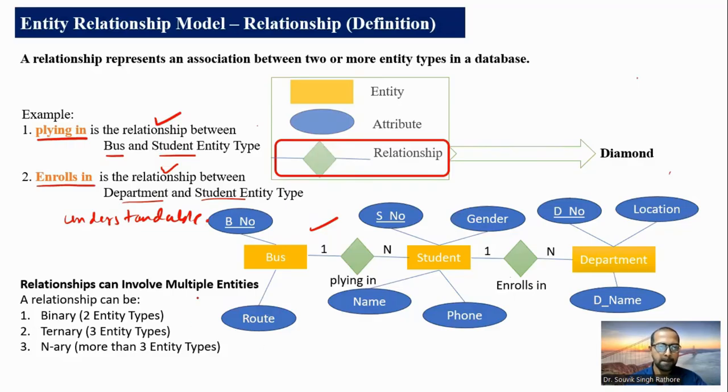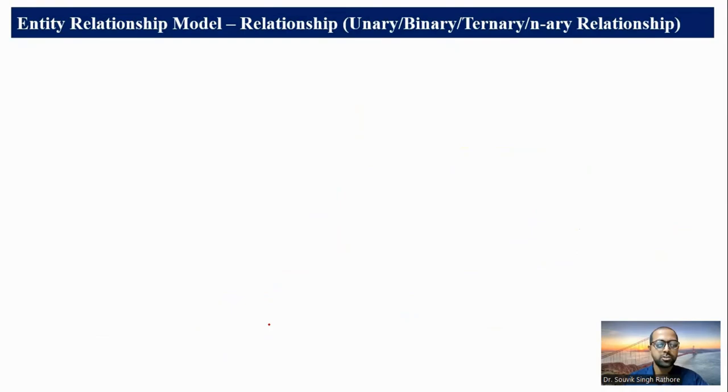Similarly, a binary relationship will have two entity types, a ternary relationship will have three entity types, and an n-ary relationship shall have n entity types. The important point here is that the classification is based on the number of entity types participating in the relationship. This brings us to the concept of degree of relationship.